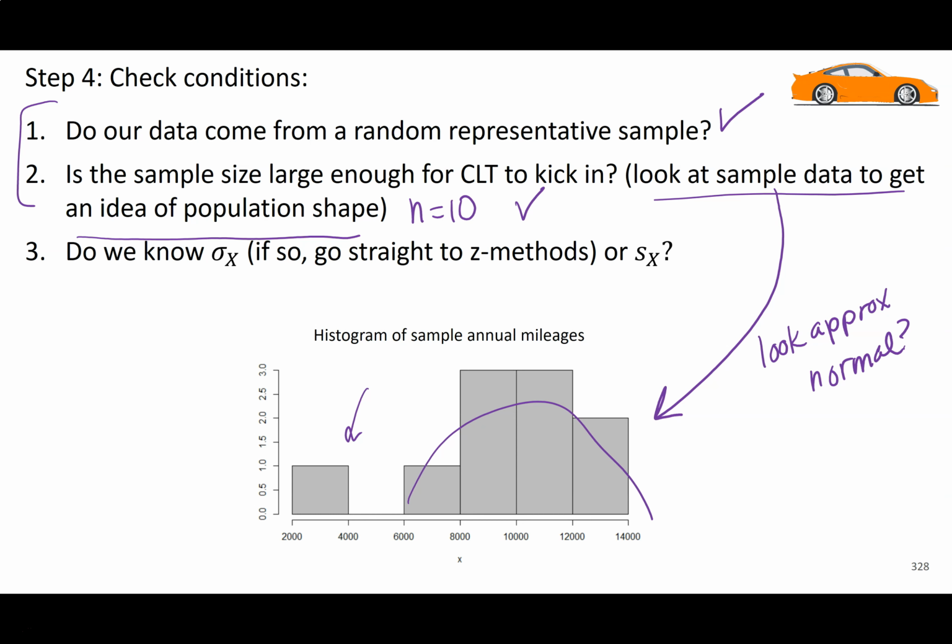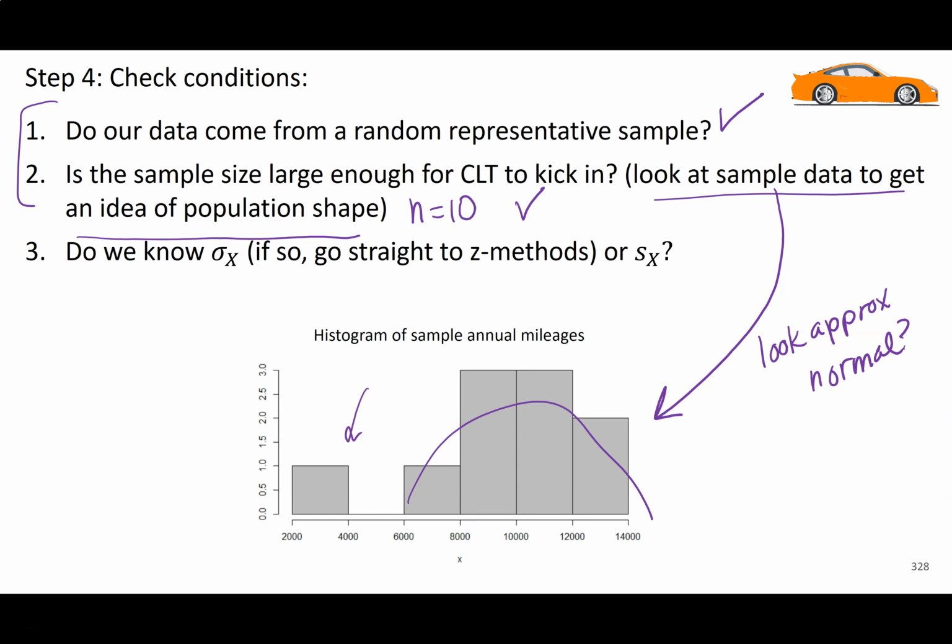On the next slide, we do have a tool that we use to look at it. But let me explain real quick why I'm looking at the sample data. The idea is if I take a representative sample from the population, how the sample data are shaped tells me this is probably how the population is shaped as well. It's really important that I can assume the data are representative of the population.